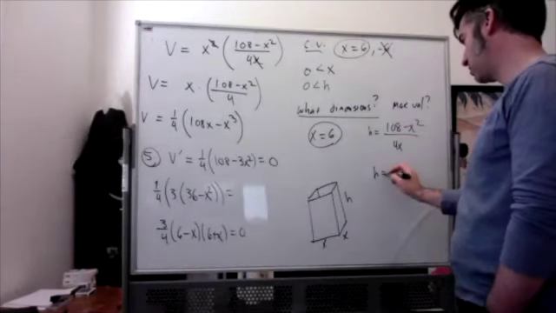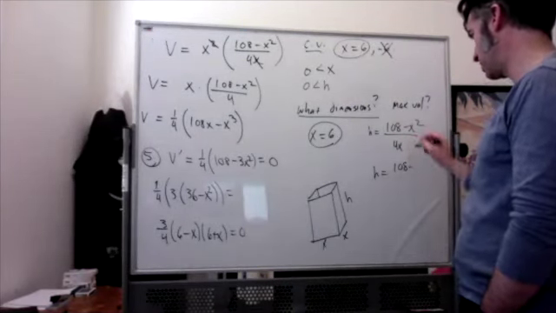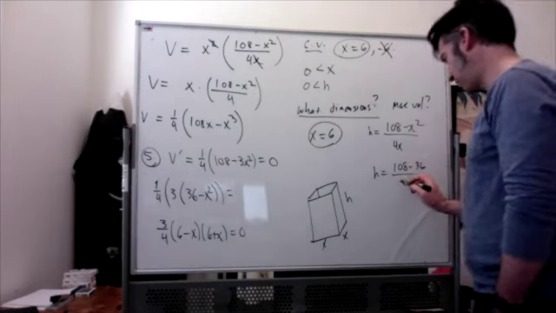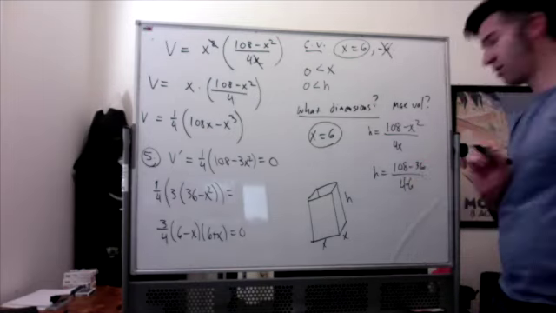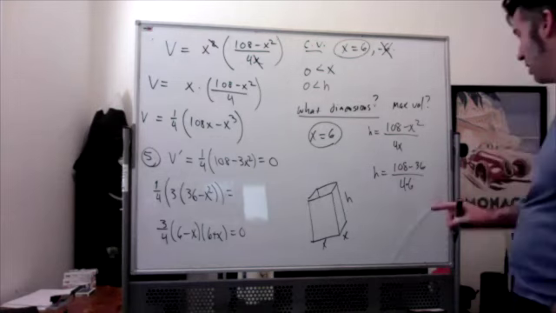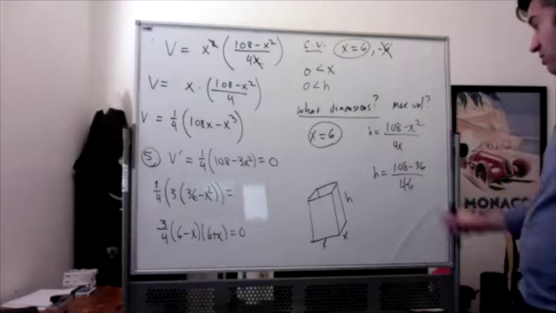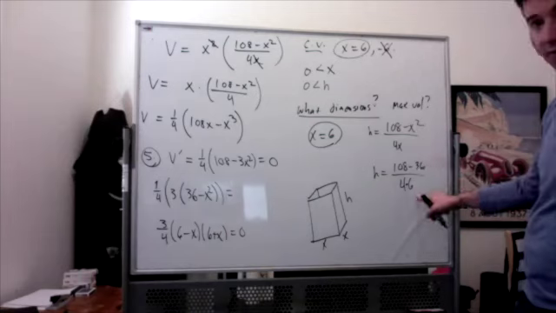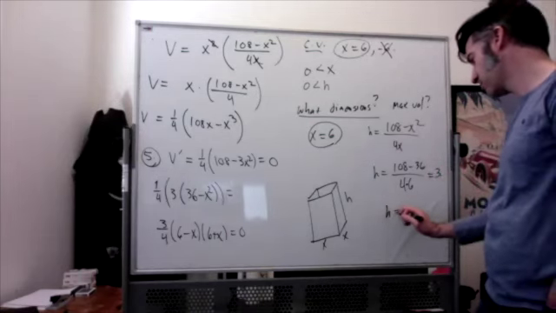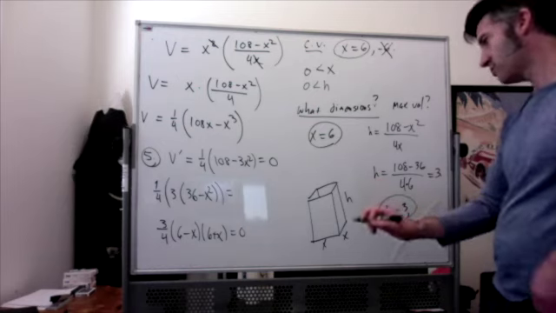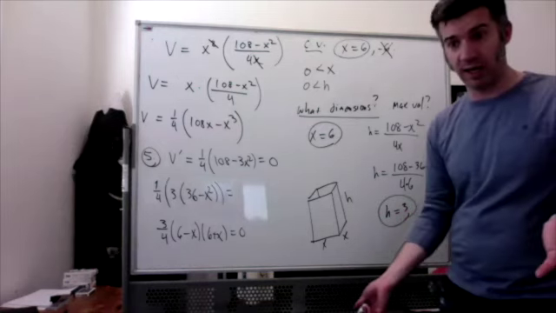So the height here is equal to (108 minus 6 squared) over 4 times 6. 108 minus 36 is 72. 72 divided by 24 is 3.